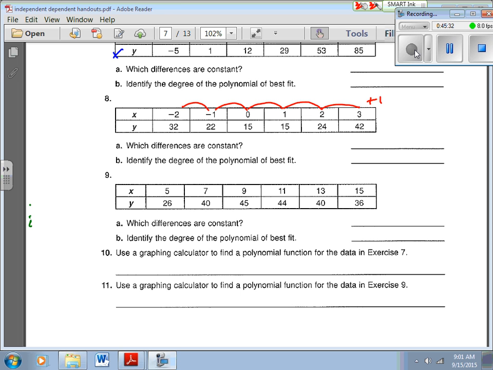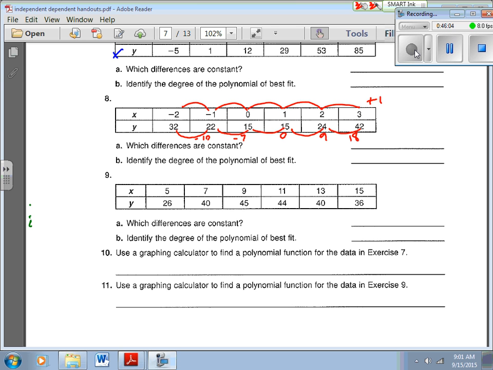How about from 32 to 22? -10, okay. 22 to 15, -7, okay. Next one, 0, okay. Next one, +9. And next one, 18. All right. Looks weird because 10, 7, 0, but then this is 9, 18.